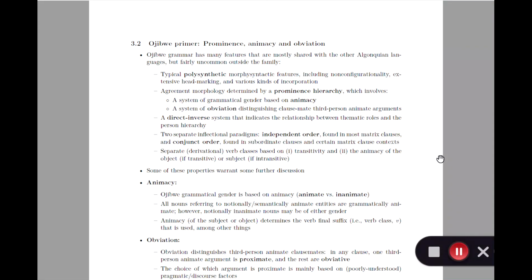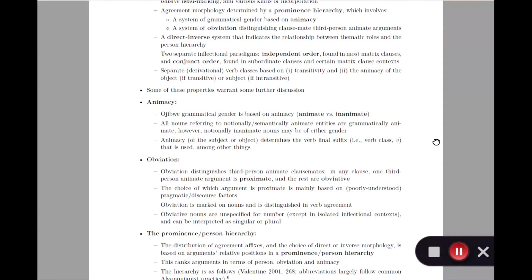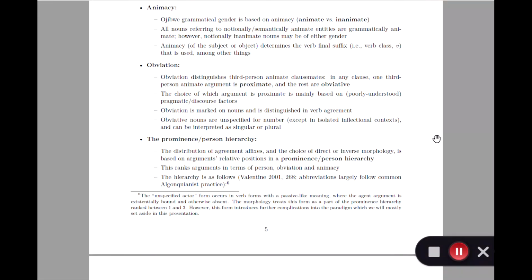And so Ojibwe has various features which are relevant to our analysis here, which I won't get into very closely. There's grammatical animacy, which is a system of grammatical gender, which often matches the notional or semantic animacy, but not always.